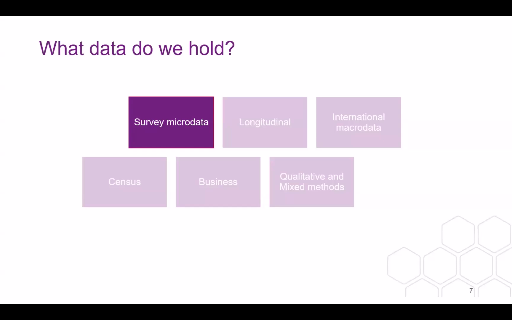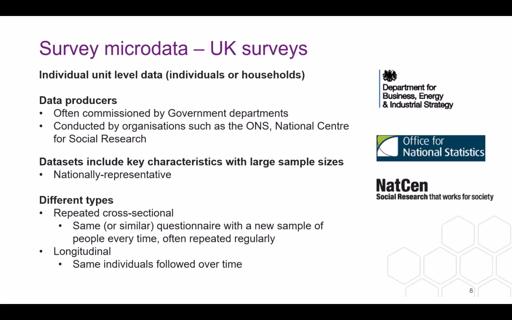This is a more secure level access of data, and the business data just gives you information on particular businesses, their employees, and the type of work that they do, etc. And not many people know this, but we do also hold qualitative and mixed methods data. So that includes things like answers to free write longer questions from surveys, interview transcripts, there's a few video files, audio files, etc. So survey microdata is what we're going to focus on today.